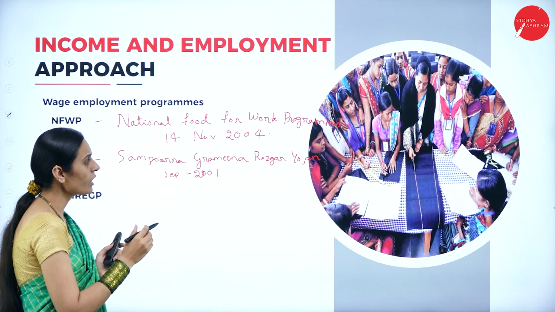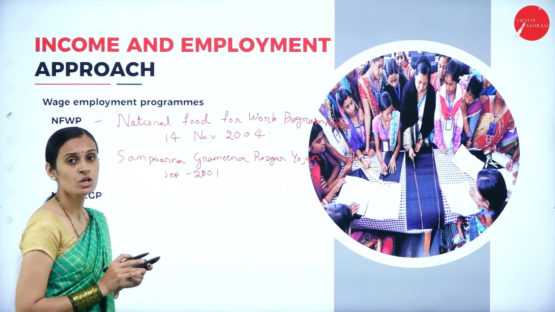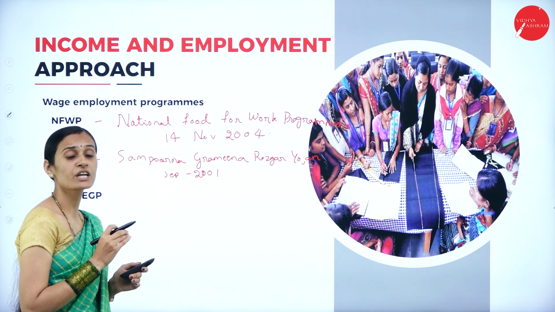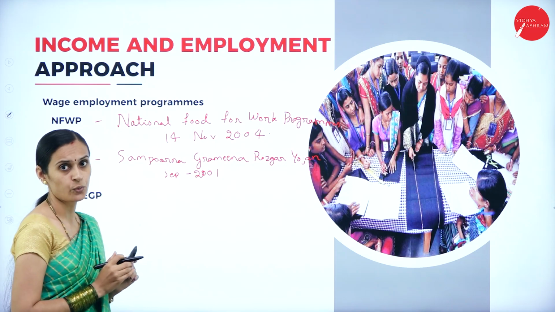This Sampurna Gramin Rozgar Yojana was merged with two important schemes: Jawahar Gram Samridhi Yojana and the Employment Assurance Scheme. So it is merged with these two programs.